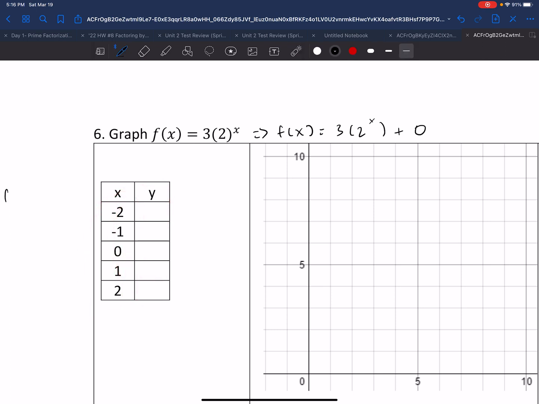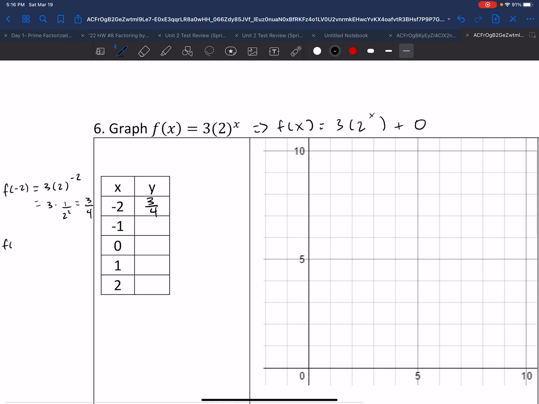I'm going to write f of -2 is equal to 3 times 2 raised to the -2nd power. That looks like 3 times 1 over 2 to the 2nd power, which is just 3 over 4. Okay, so I'll write 3/4 there.